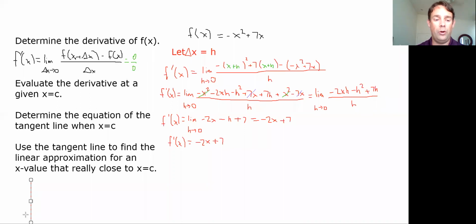So now, quick little timeout here, just so we're kind of aware of what's going on. If I were to take a look at this function, and again, it's a parabola, it's open upside down. I'm hoping you all can see that. All right, it's got x-intercepts at 0 and 7.